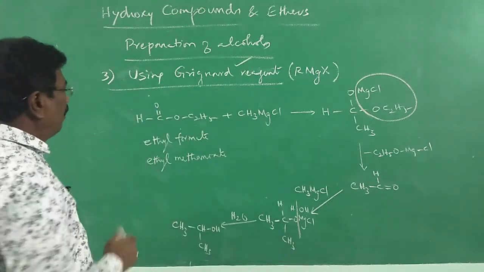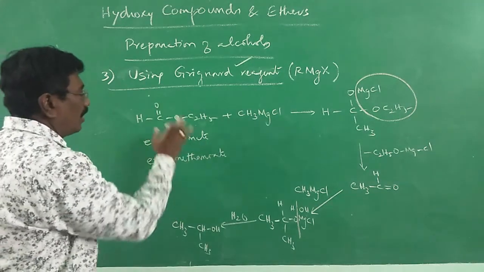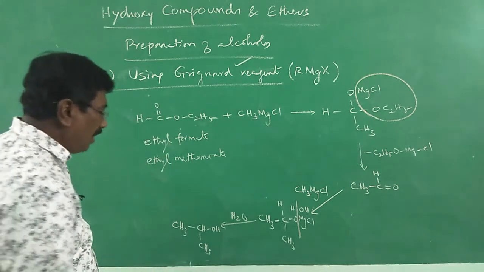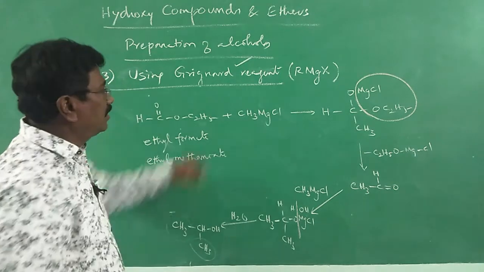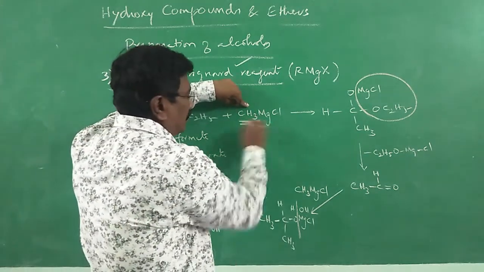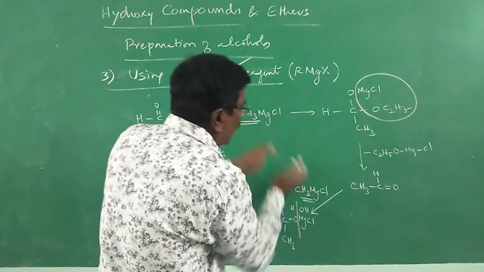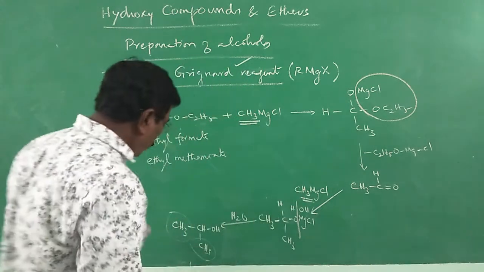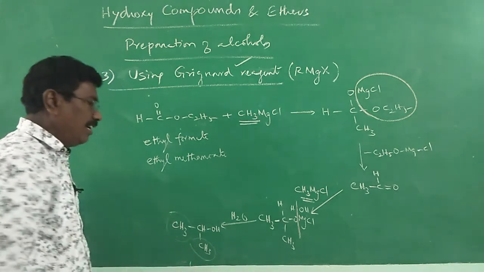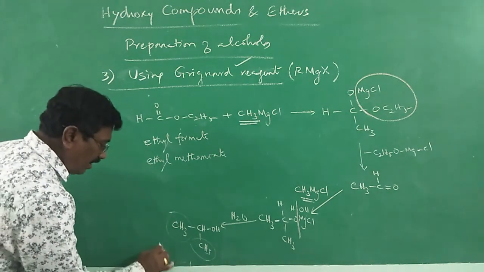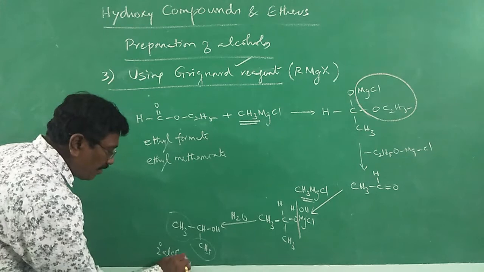So in this method, the formate ester may be ethyl formate, maybe methyl formate, propyl, whatever it may be. When we use a formate ester, a methanoate ester, what is happening? You will be getting an alcohol containing two alkyl groups which are the same, because the alkyl group comes from the reagent. The reagent will react twice, and therefore the same alkyl group will be bonded twice. You will be getting a secondary alcohol containing the same alkyl groups.